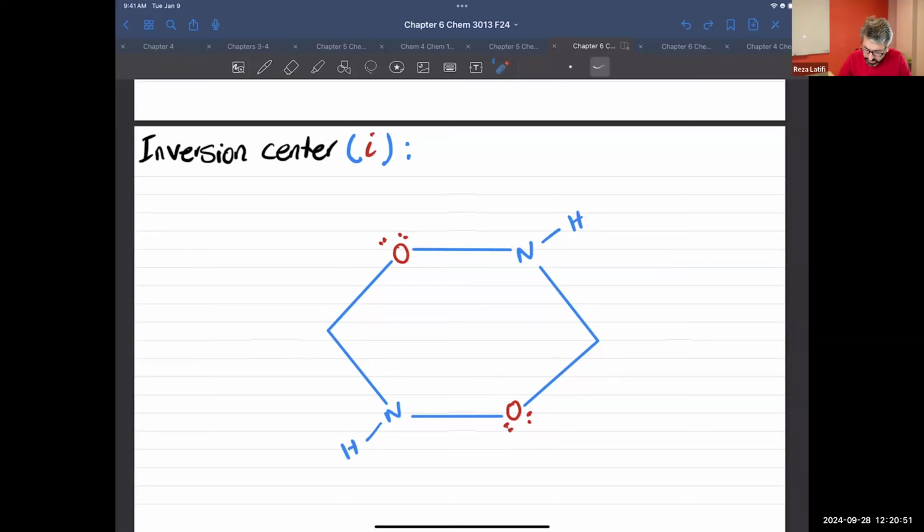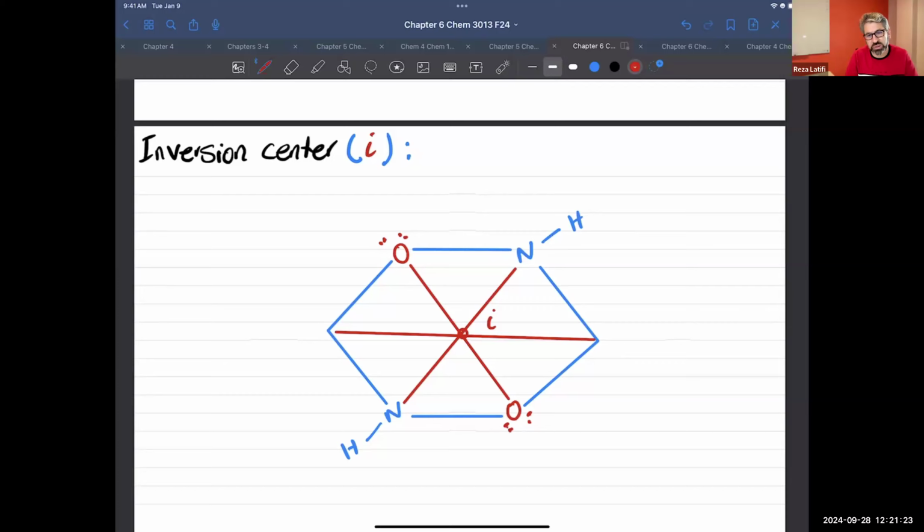There is a place somewhere inside the center of the molecule. Let me show it here. There's a place inside the molecule that is connecting those two nitrogens, and also connecting the oxygens, and connecting the carbons as well. What's that center? That center, we call it I. I is the inversion center.